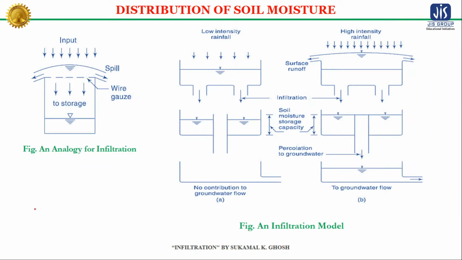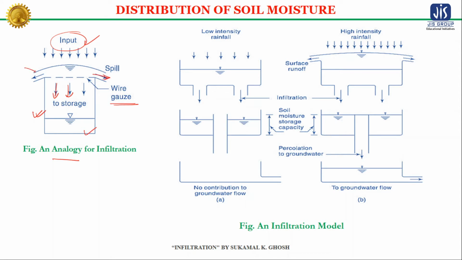The infiltration process can easily be understood through a simple analogy. If we consider this small container which is covered with wire gauze, and if we pour some amount of water into this container, then a part of this water will go into the container and a part of this water overflows.